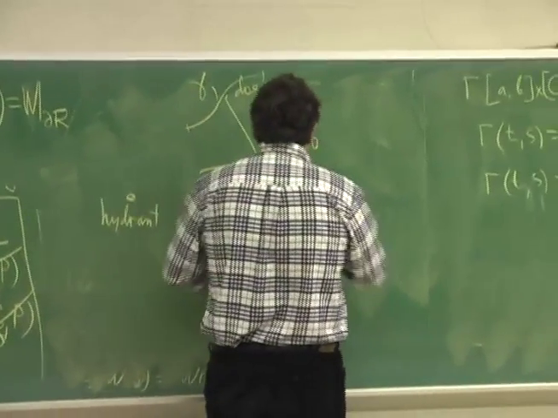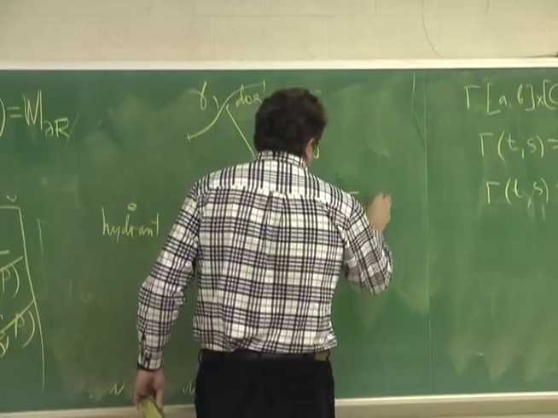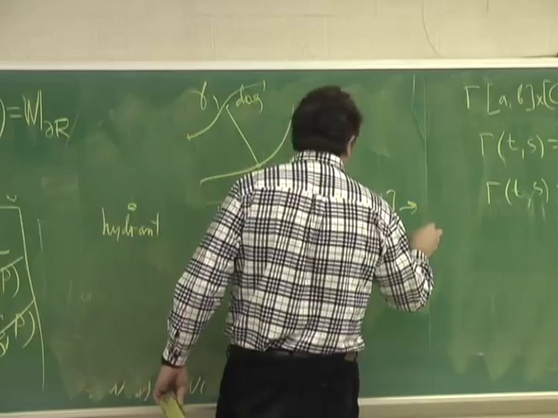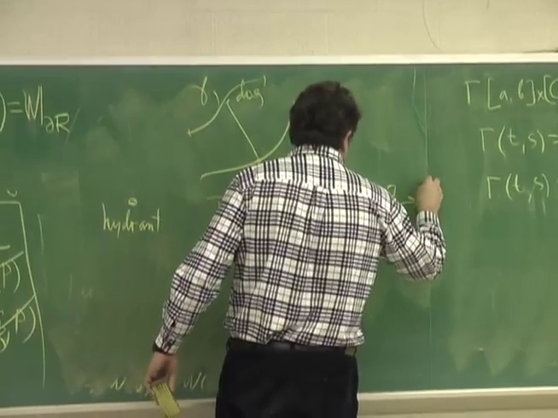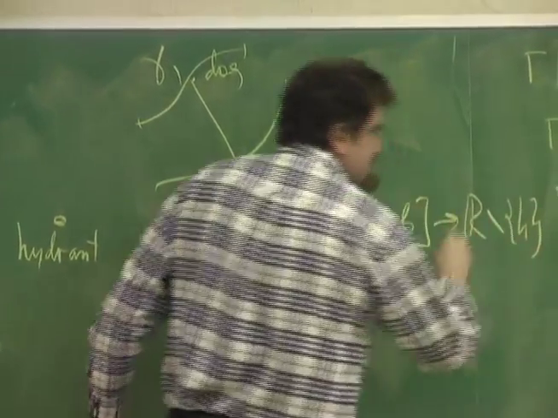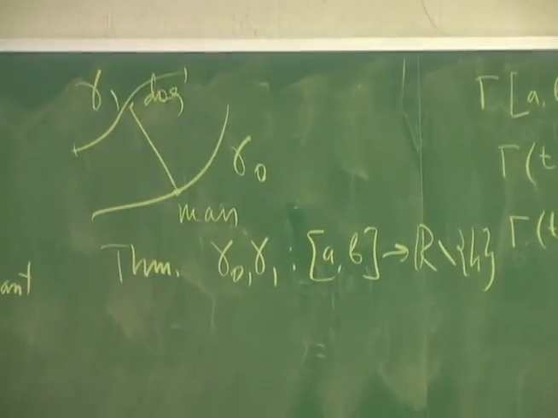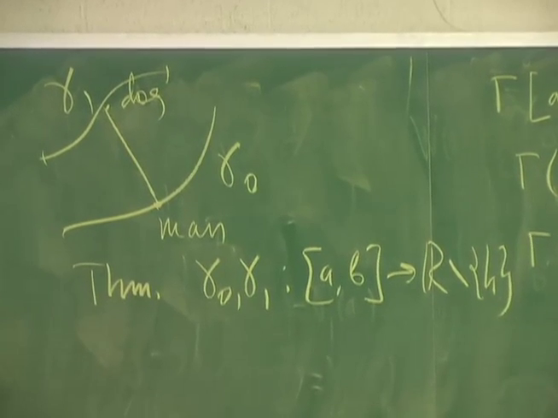So I have gamma naught and gamma 1. They are moving at the same time. They are in R2 minus the hydrant. They hopefully do not run into the hydrant. Okay?